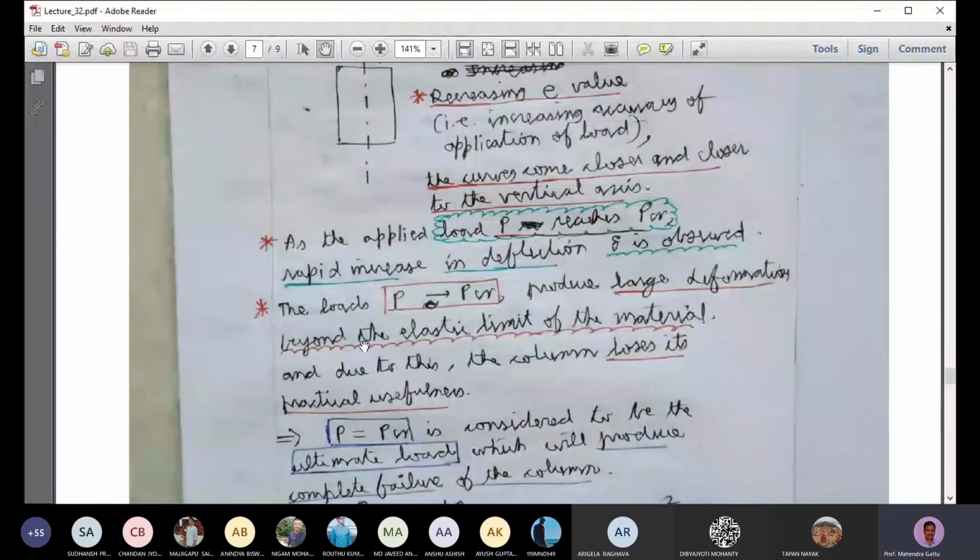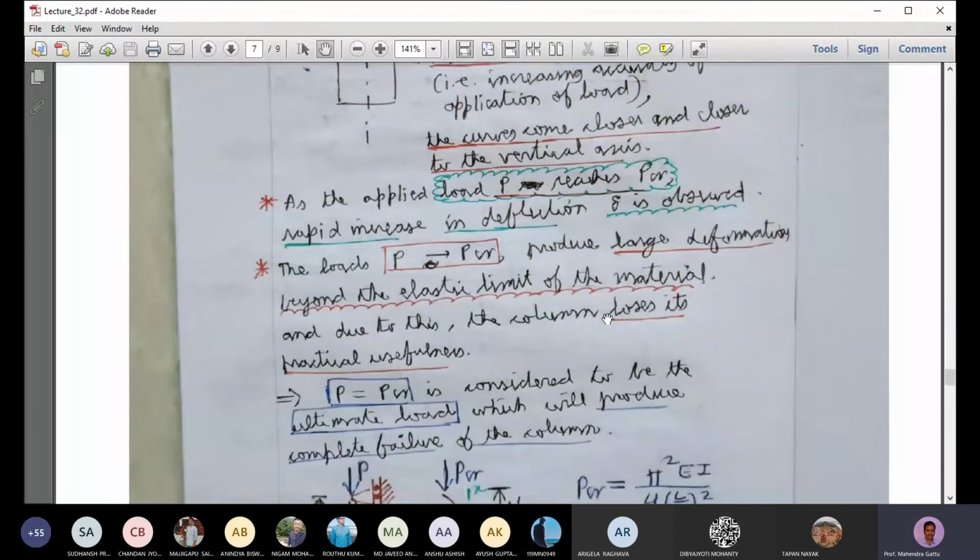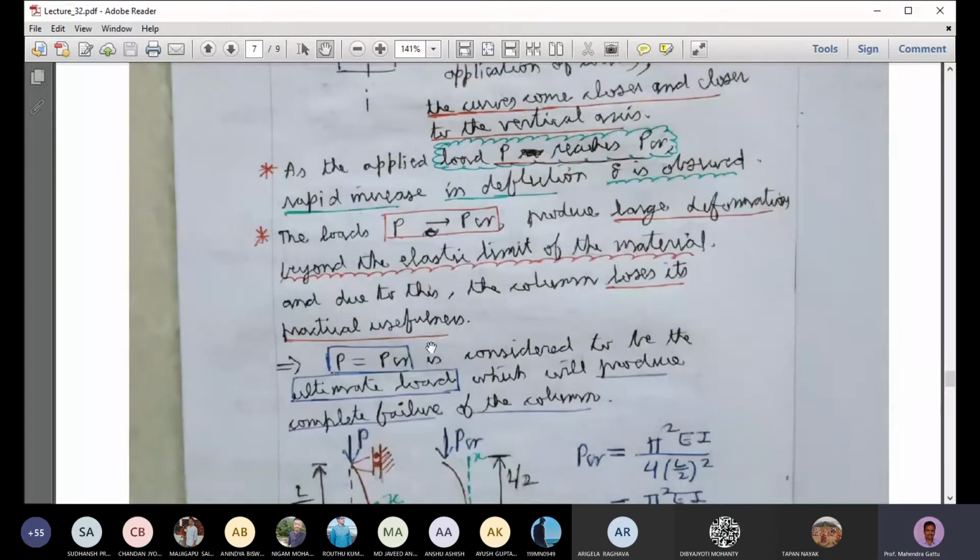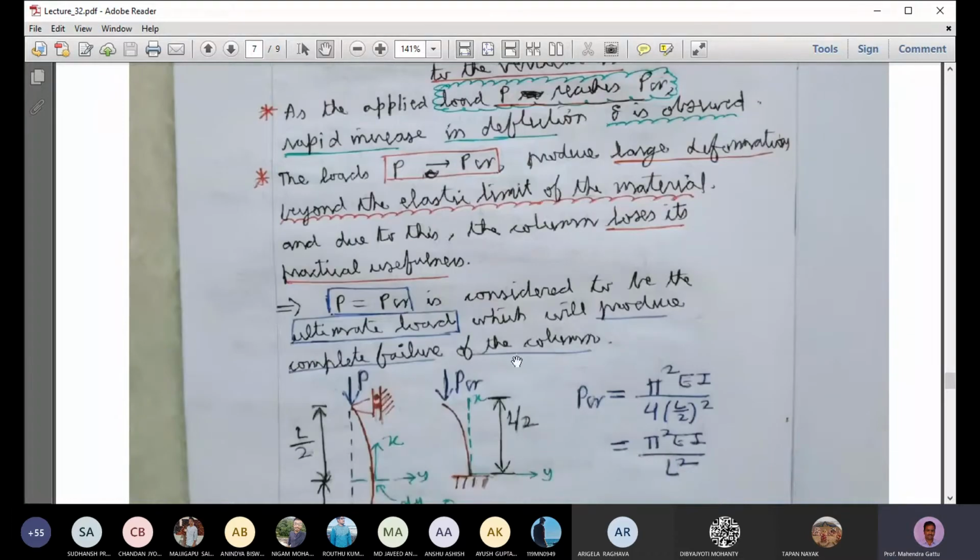And the columns are loaded beyond the elastic limit of the material. So the column will lose its practical usefulness. So when P approaches P critical, the stresses are very high, and they cross the elastic limit, and the column will not be able to take further loads. So P equal to P critical can be considered to be the ultimate load, which will produce complete failure of the column.